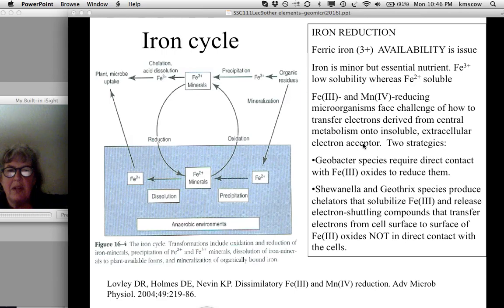They can grab it right away. What's interesting is a couple of organisms also produce chelates that are involved in electron transport chain reactions.